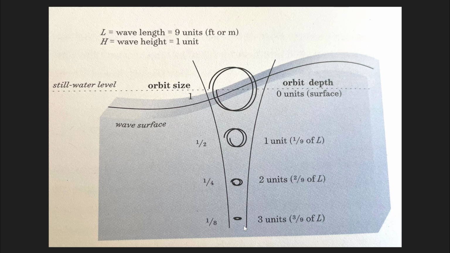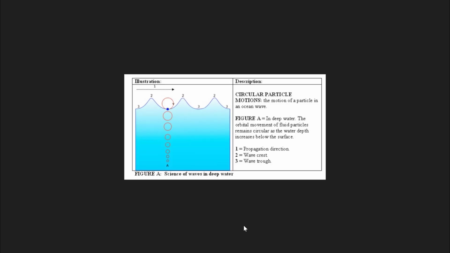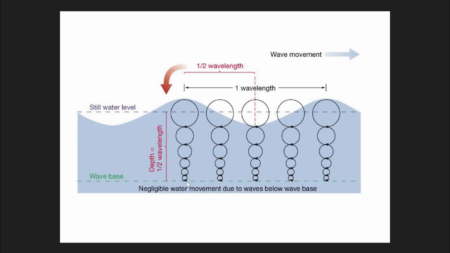Half of the wavelength is 40.5 feet. So the energy will still continue to resonate down, all the way down to a wave base in that example of about 40.5 feet of depth. Once you move deeper than that, the energy is no longer present.